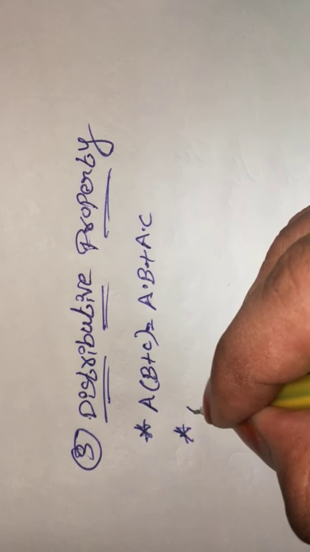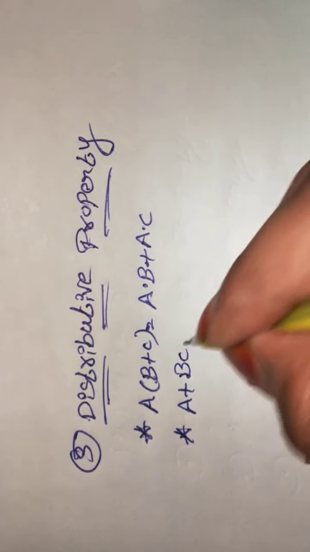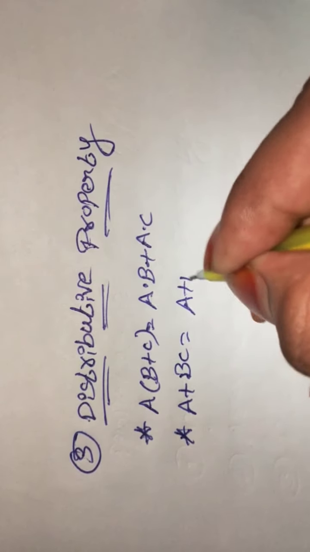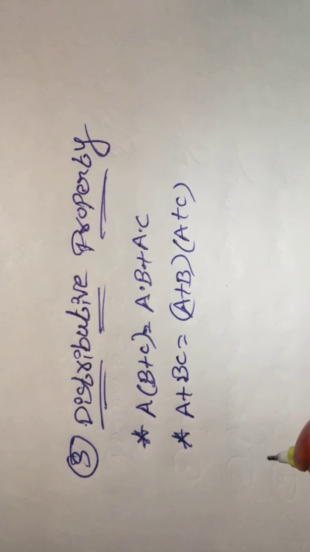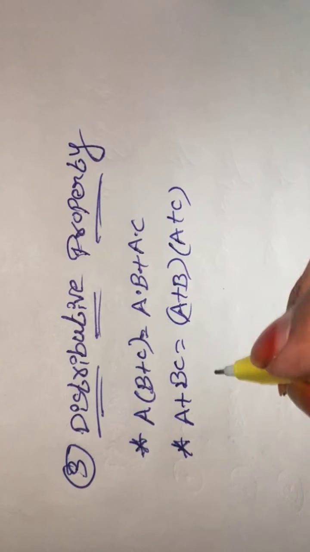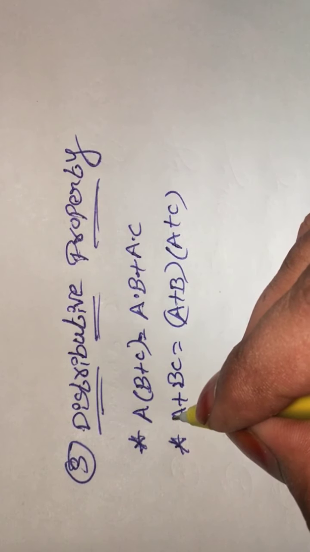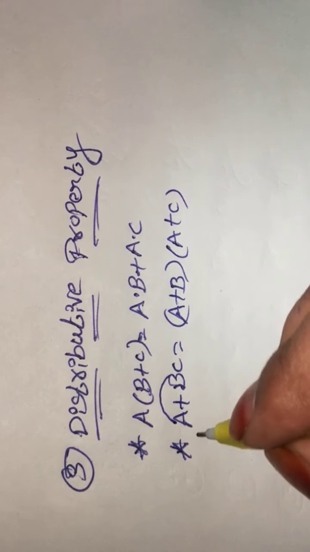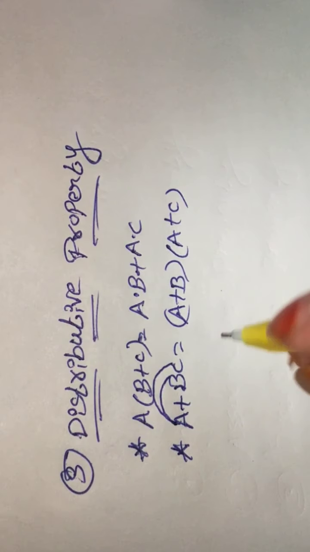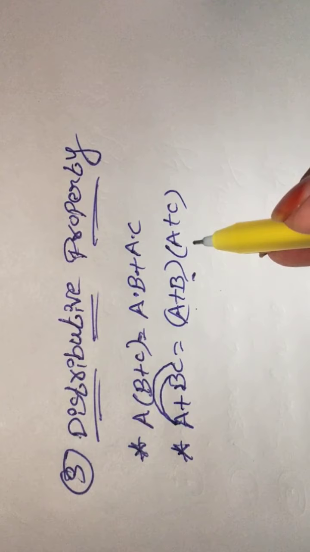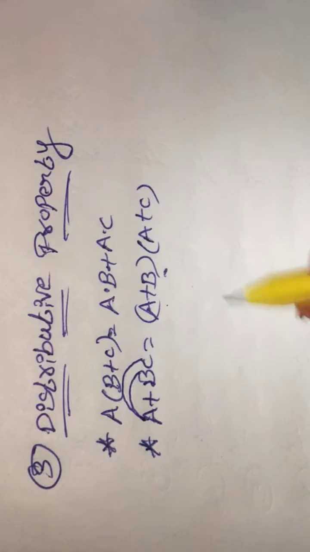Next, A plus BC equal to A plus B into A plus C. Here A is multiplied with B and also A is multiplied with C. So we get A plus B into A plus C.